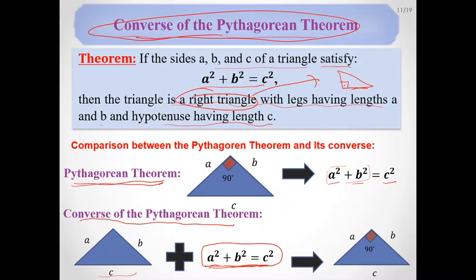One is we already know it's a right triangle, and we have this equality. And in the second one, we don't know if it's a right triangle. We say if the equality satisfies the Pythagorean equality, it's definitely a right triangle.